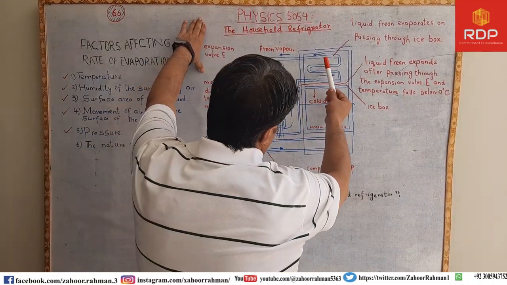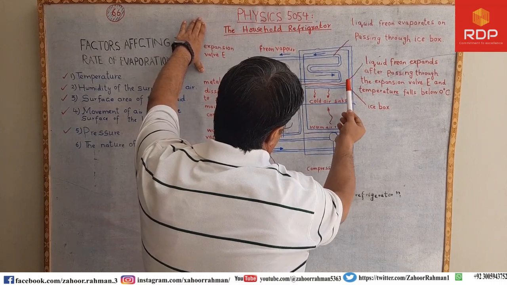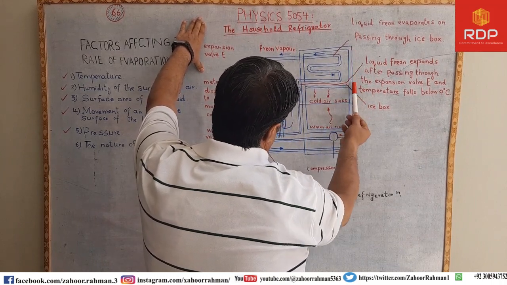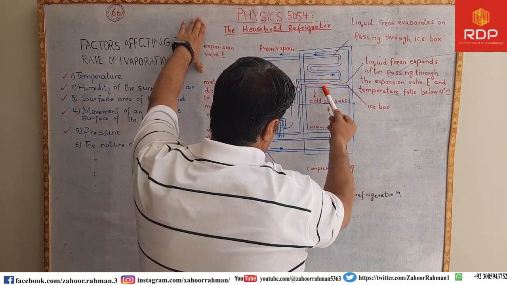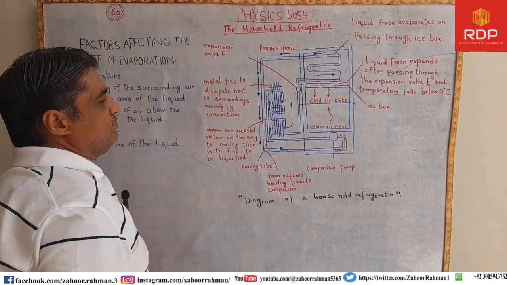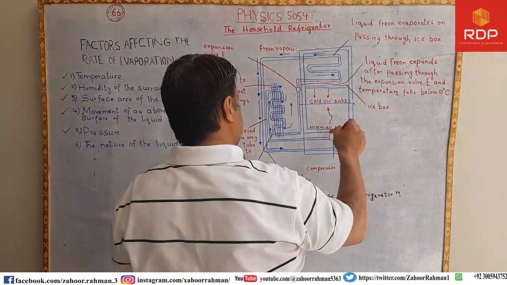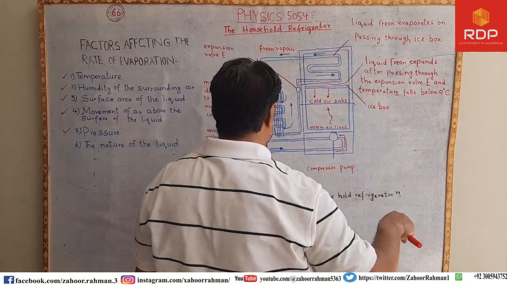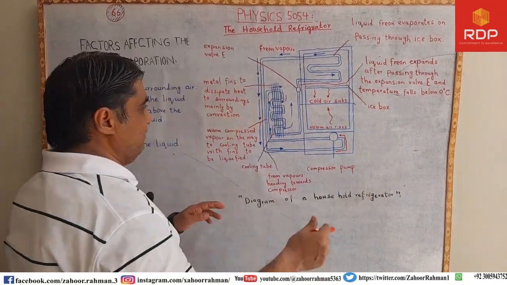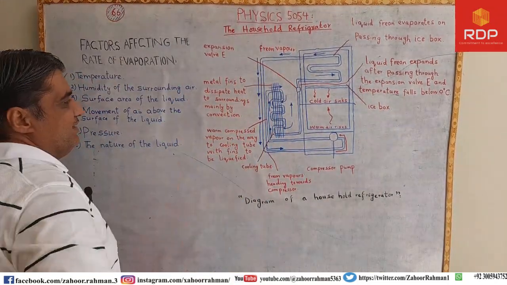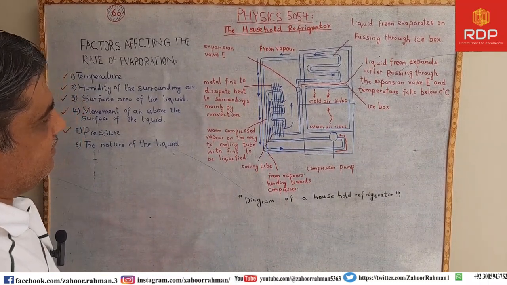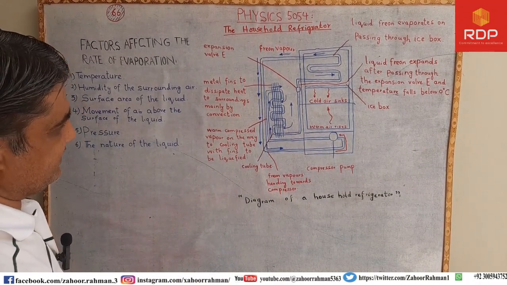Similarly, this is also happening in the ice cube compartment. Colder air is coming down and warmer air is going up to be cooled down and then come back again, and this process continues.